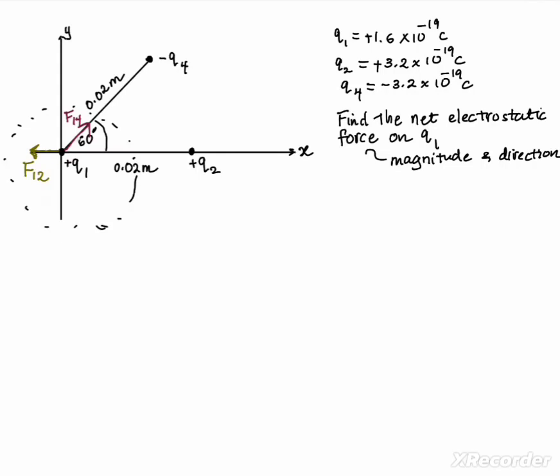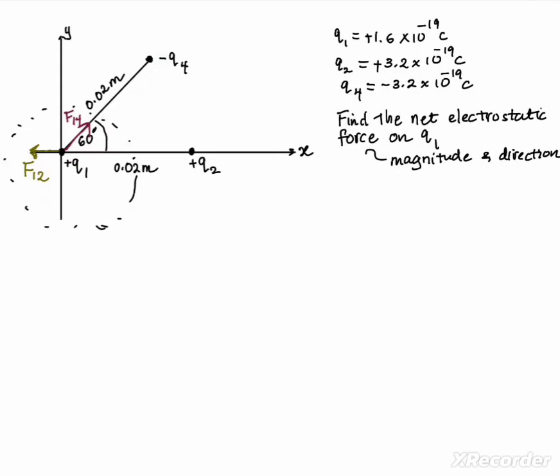And I'm drawing it on the same line as 1 and 4. So this is not as simple as all the forces being on one axis, and this is in the 2D dimension.